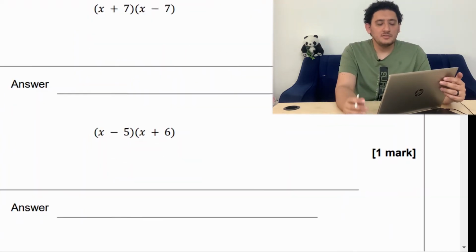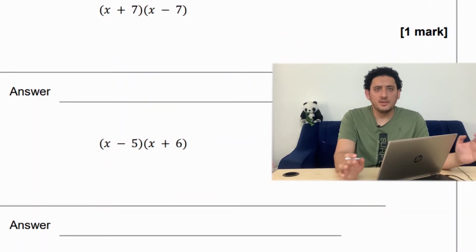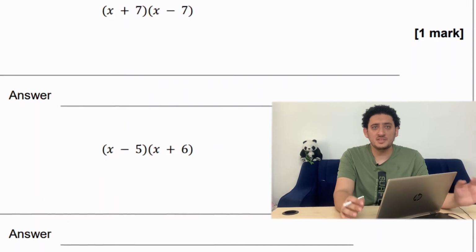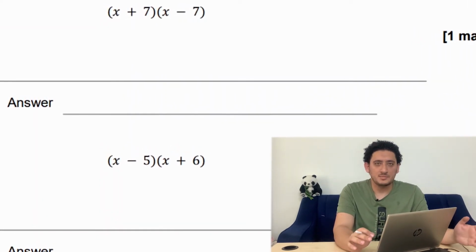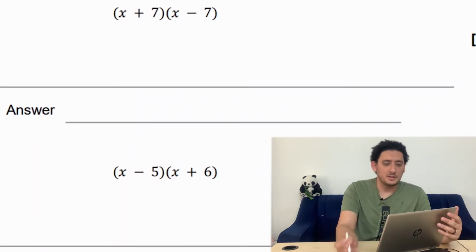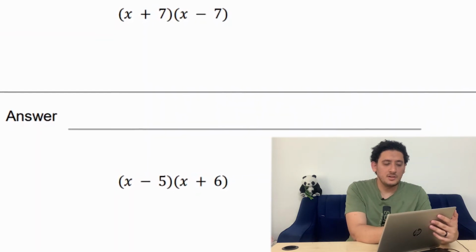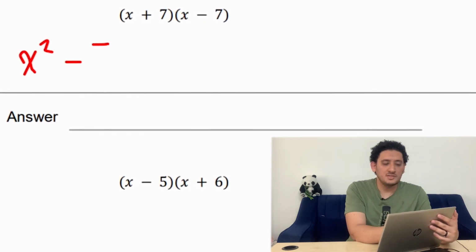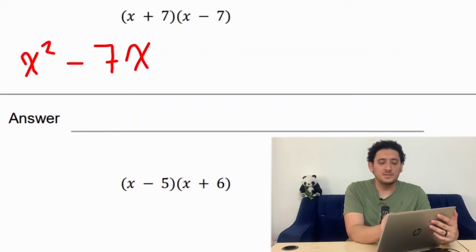The third problem here: x plus 7 multiplied by x minus 7. You will find them the same expressions except for the sign in the middle. 7 in the first bracket is positive, in the second bracket it is negative. So how can we find the answer here? x will be multiplied by x minus 7, and it equals x squared minus 7x. 7 will be multiplied by x minus 7.